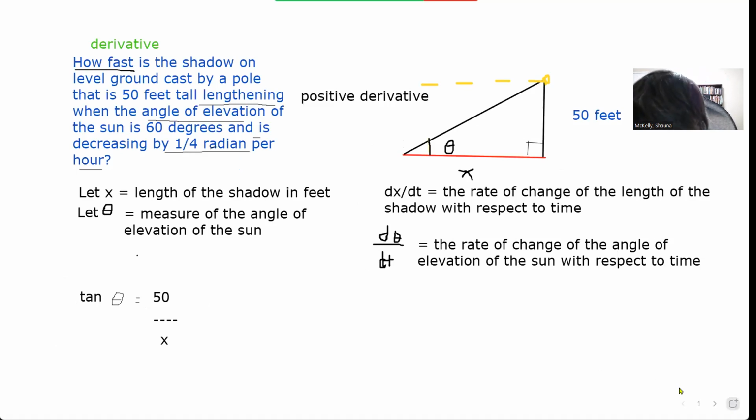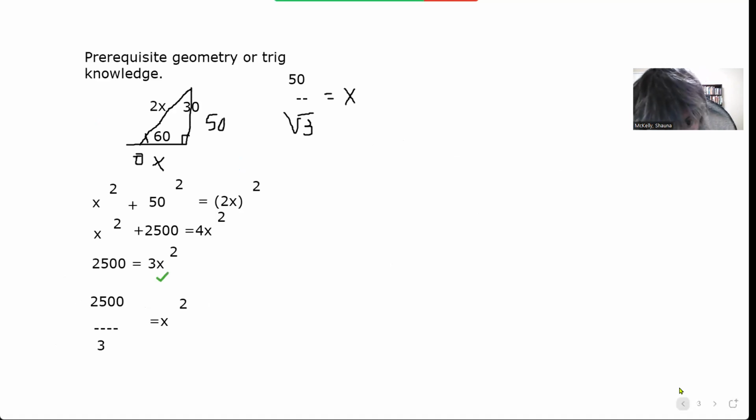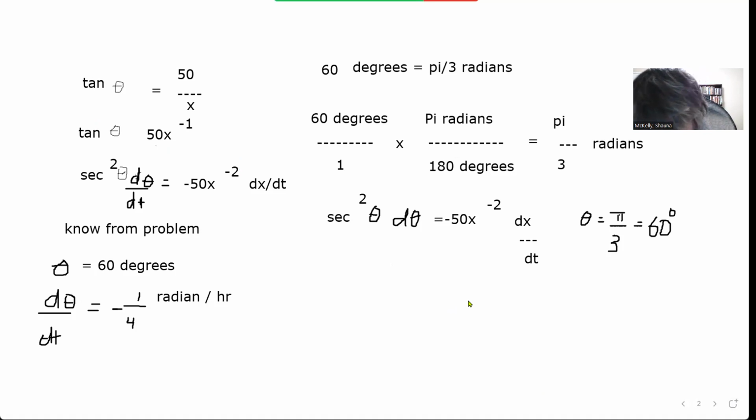So this means that when I do it, I know theta is 60 degrees. I know that d theta dt is a negative 1/4. So d theta dt is 1/4 radian per hour, decreasing.